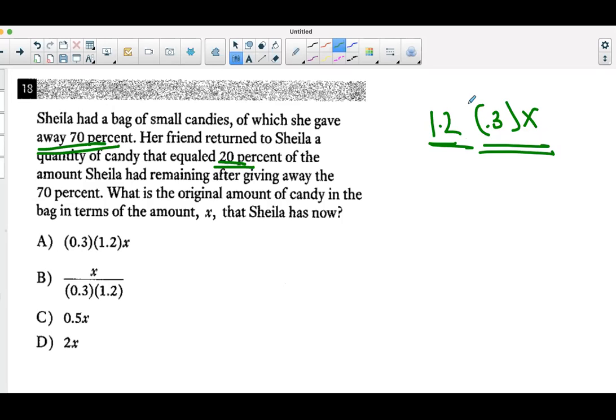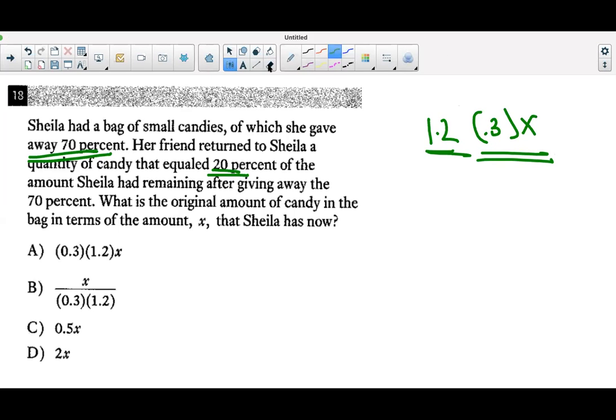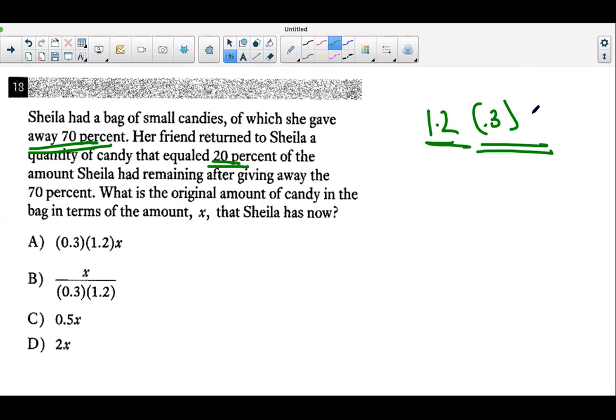So what is the original amount of candy in the bag in terms of the amount X that Sheila has now? Oh, okay, never mind. X is the amount of candy that she has now. So let me call the original R. So the original was R, but since she gave away 70%, she only has 30% left.